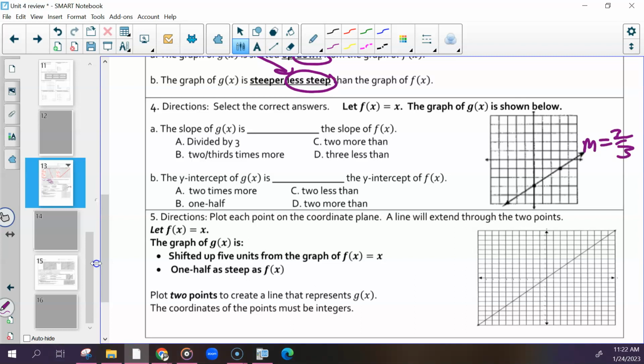So there's only one of these things that has 2 and 3 in it. If it said divided by 2/3, that would be incorrect because that would make it 3/2. 2/3 more than or 2/3 less than would also be incorrect because slope isn't more or less than.